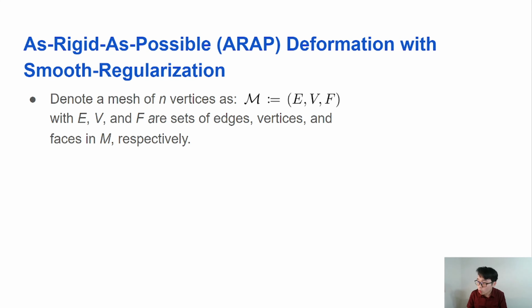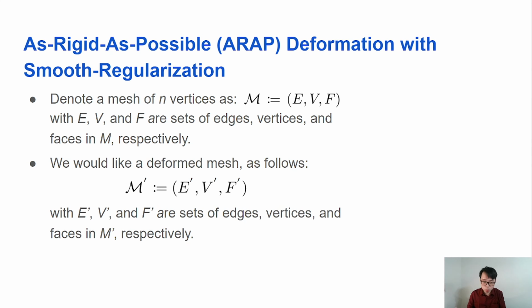As normal, we will denote the mesh M with E in capital as the set of edges, V in capital standing for the vertices, and F in capital as the faces of the mesh M. Likewise, we will denote the deformed mesh as M prime with E prime, V prime, and F prime, which are the geometry entities in the deformed mesh. So we would like to get M prime from M, right?